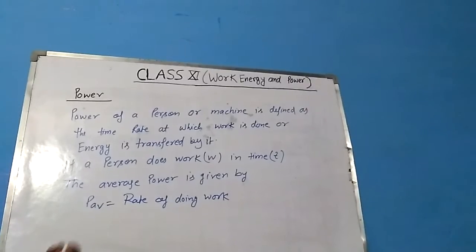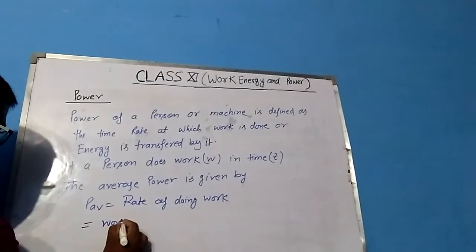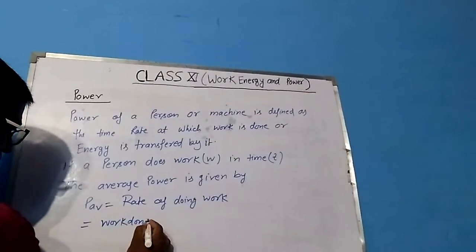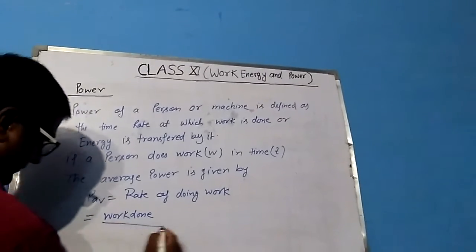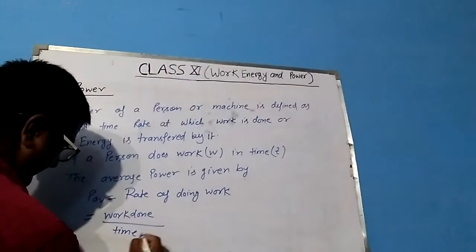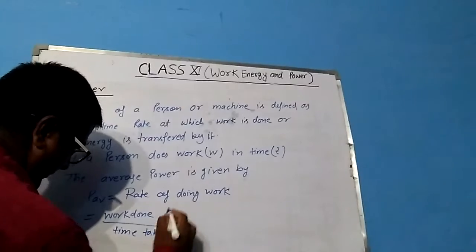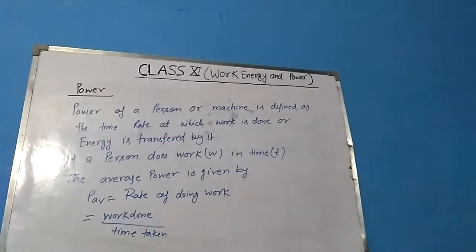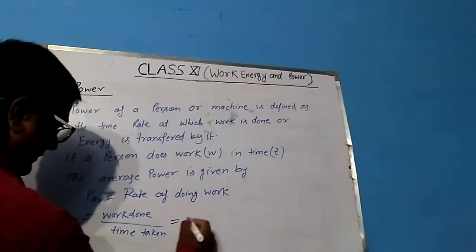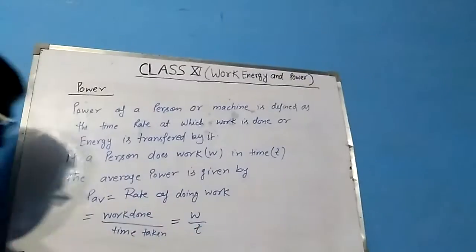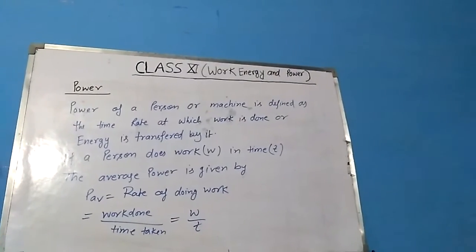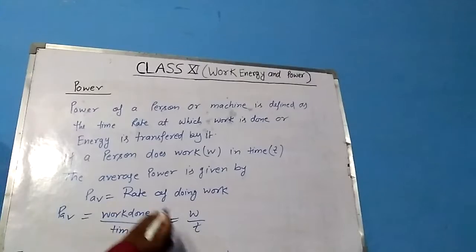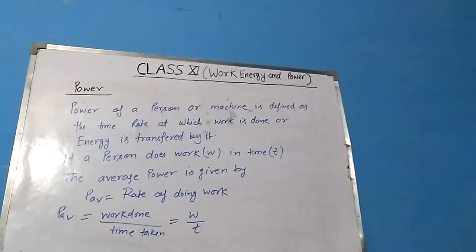It means work done divided by time taken. So work done is W, time is T, so P average is equal to W by T.